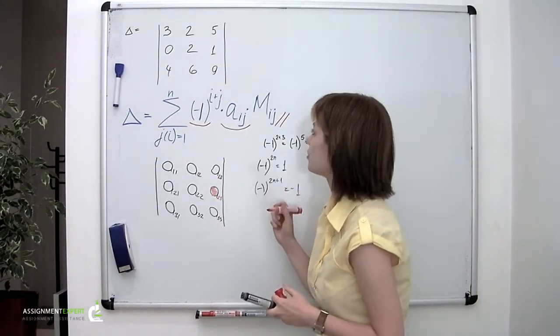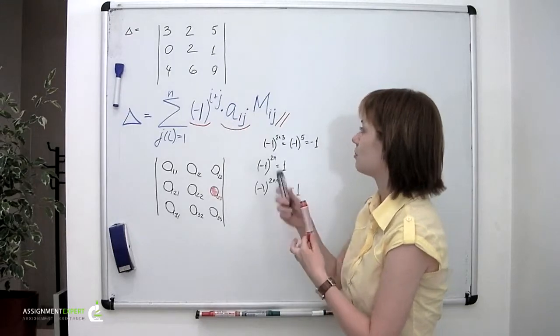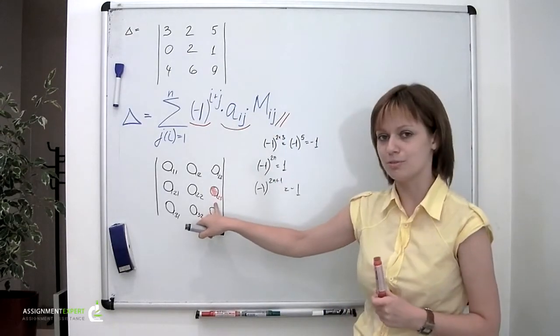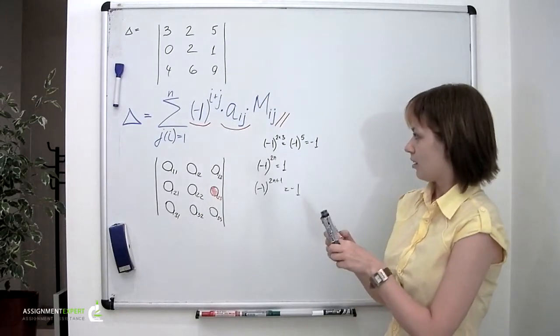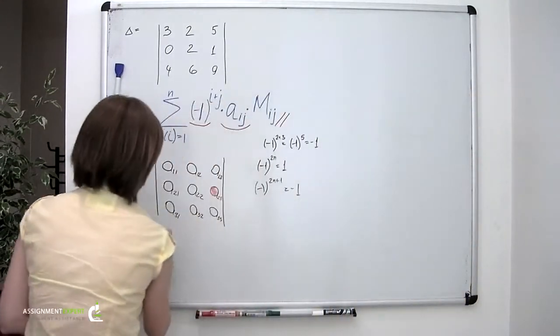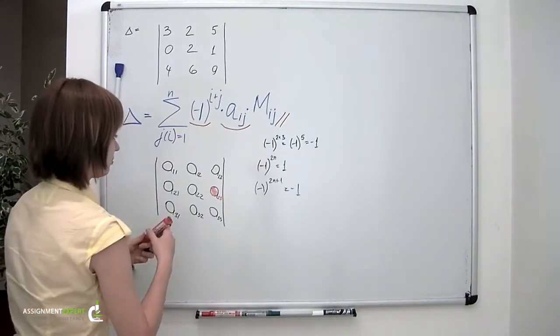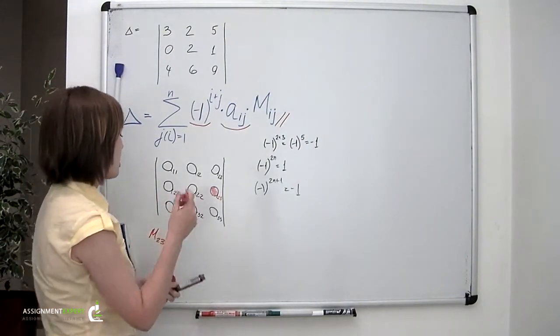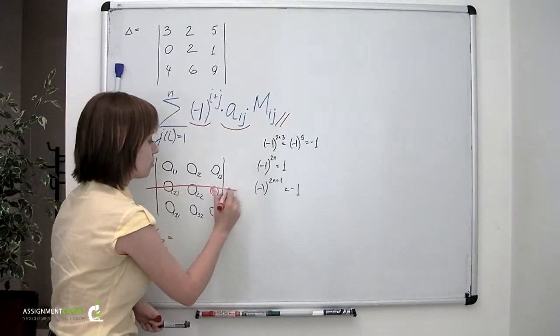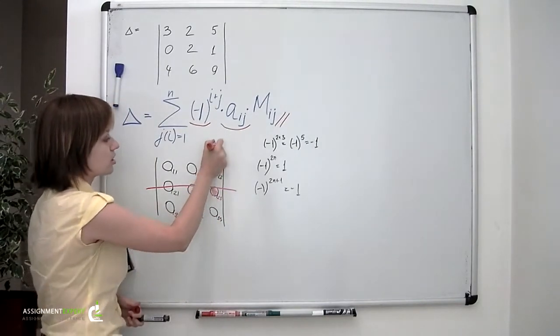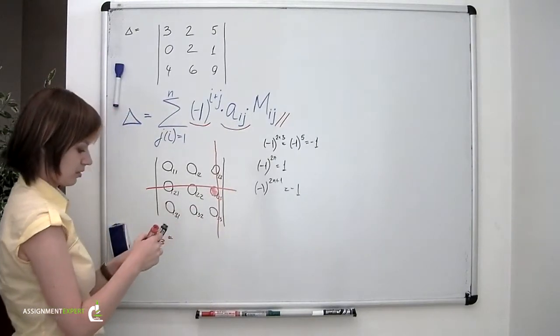If we wanted to define the minor for the element a_23, minor M_23, we would cross out the second row of this determinant, and then the third column of this determinant.